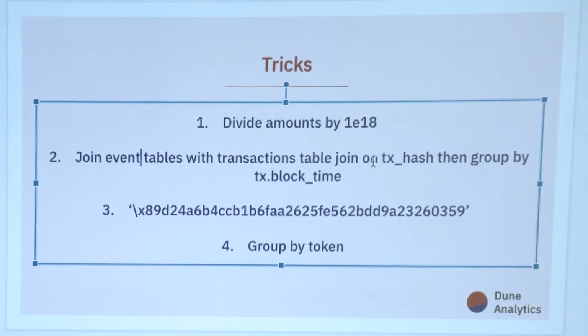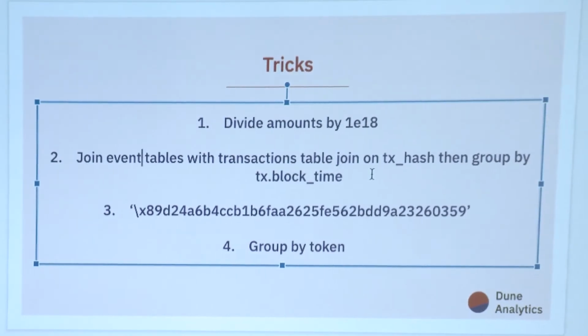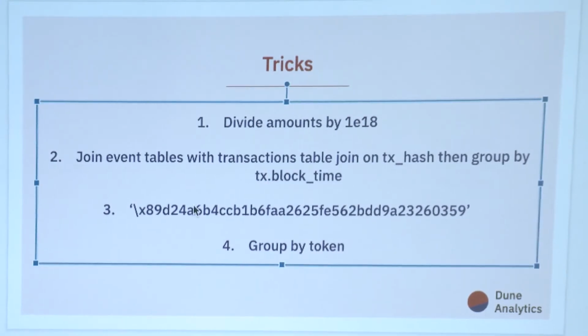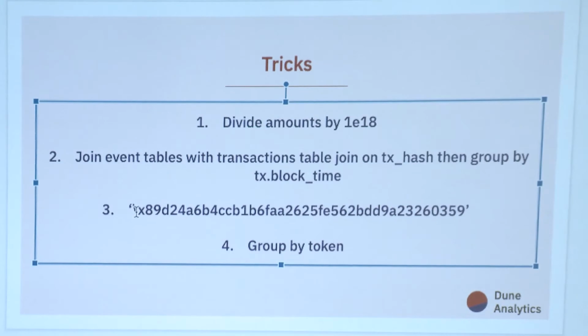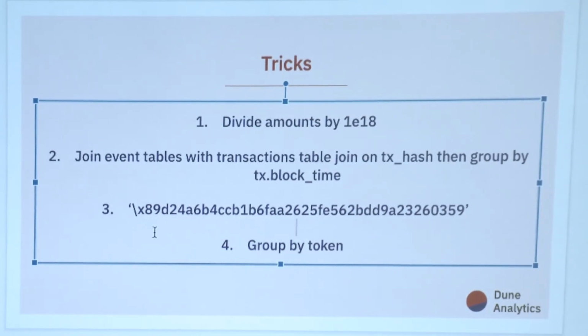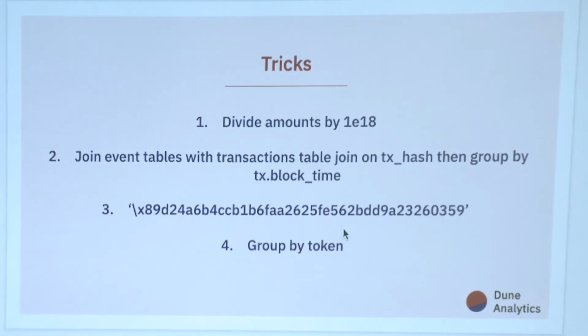A nice thing to do is to join the transaction hash, the event table, and the transaction table to get the time component. If you want to filter on an address, you format it like this, so you just replace the 0 with a backslash. Another neat thing you could do is group by token if you want to do token amounts.